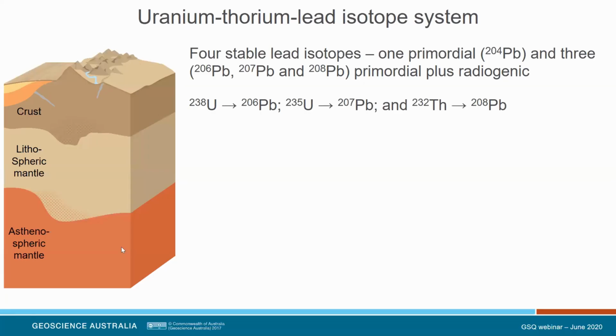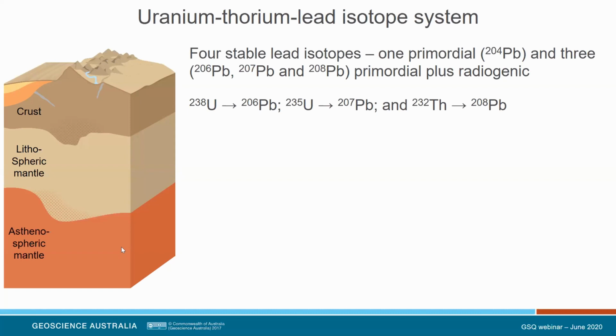Okay, we'll start out and look at the uranium-thorium-lead isotope system. Like the osmium-rhenium system, we're looking at a radiogenic isotope system, and we're looking at the decay of uranium and thorium to lead. Now, we actually have 4 stable lead isotopes.